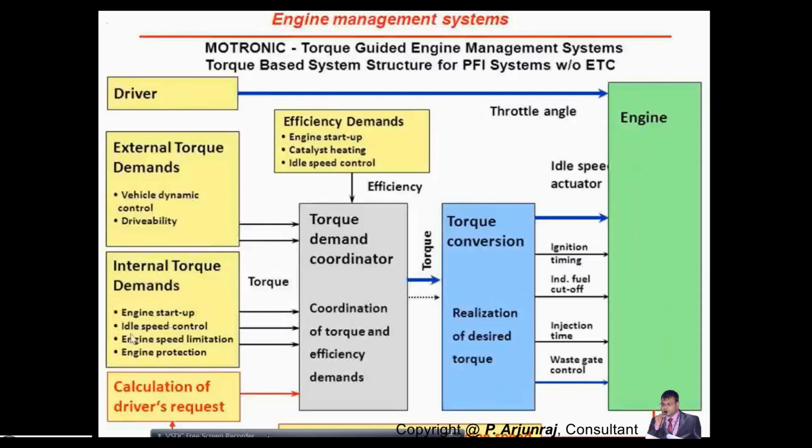The internal torque demands include the engine startup, idle speed control, engine speed limitation, and engine protection. The external torque can be with respect to the vehicle dynamic control or the drivability of the vehicle. These are the demands, internal and external, of an engine, and they are given to a system which demands the torque input, and also gives us output.